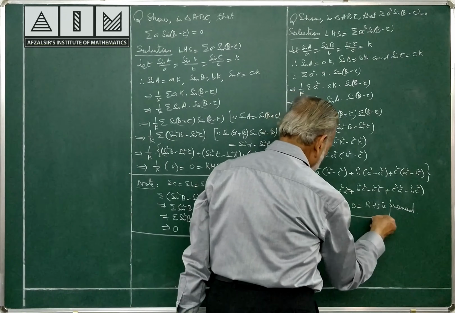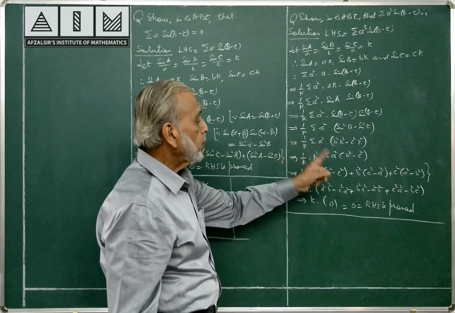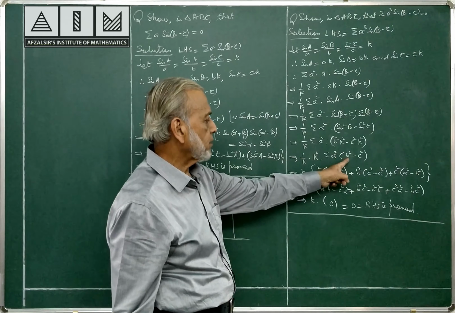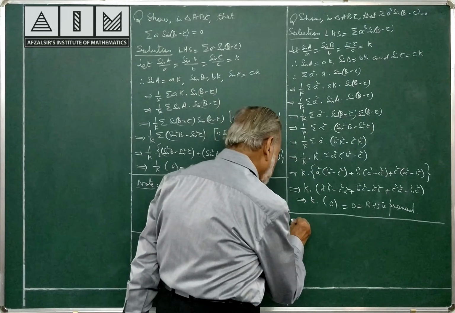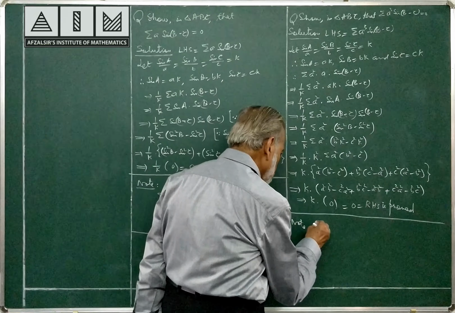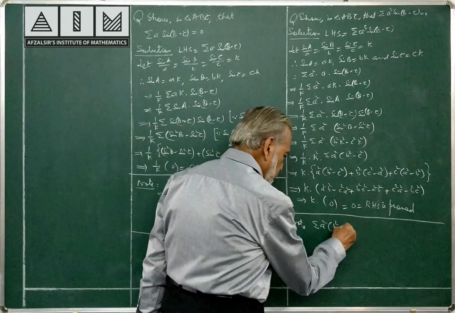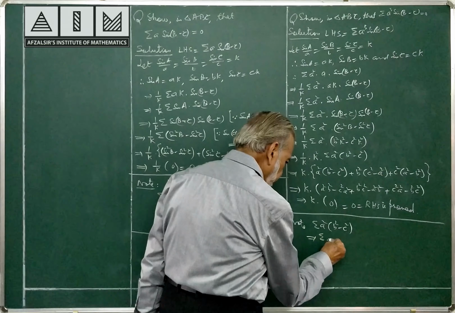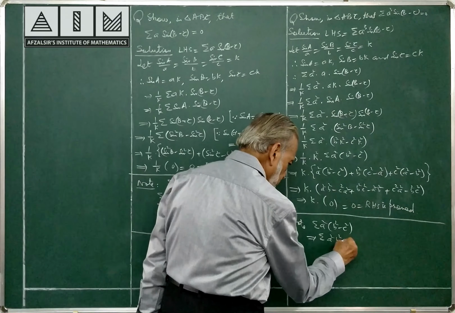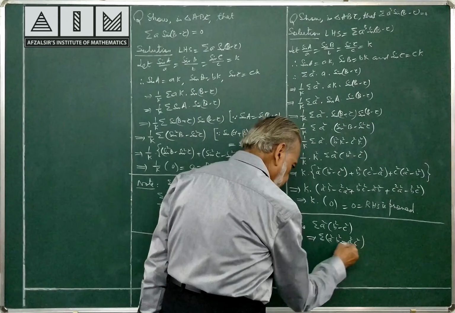Once again, before concluding this talk, if you want, you can use sigma a square(b square minus c square) as I have used in the previous question. Just have a look. Sigma a square(b square minus c square) is sigma a square b square minus a square c square, or c square a square.